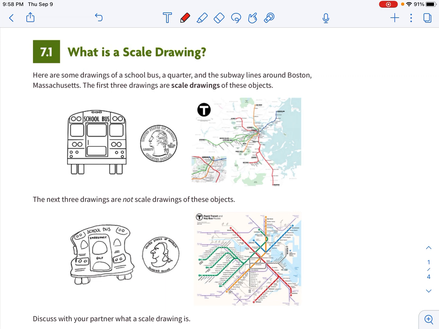What do you notice about the drawing that is a scale drawing, and what's different about the one that is not a scale drawing? With the three pictures, as you can see, this school bus, all measurements look to be the correct dimensions, all proportional as you look at the back of the bus. Same with the quarter. It looks like a perfect circle, an exact replica of a quarter.